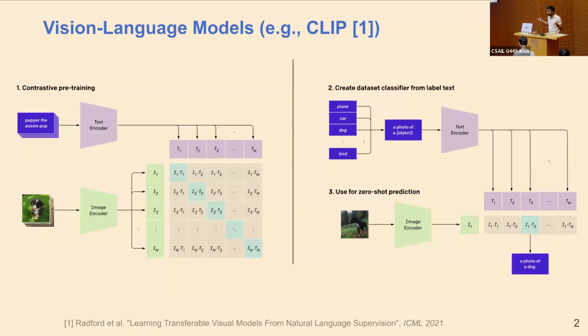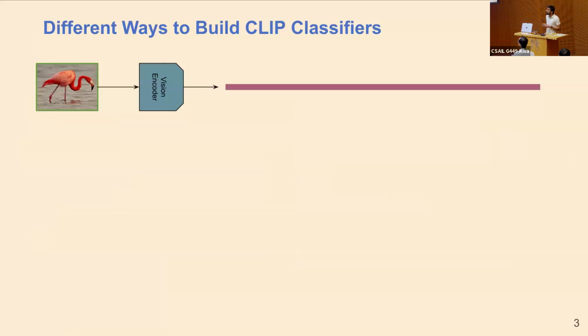Okay, so now we all know what vision language models are. This is one type, which I will call dual encoder vision language models. Later, we will also discuss encoder-decoder based VLMs, but that comes later. There are plenty of ways in which we can construct these zero-shot classifiers. Again, we have this wonderful image of a flamingo.